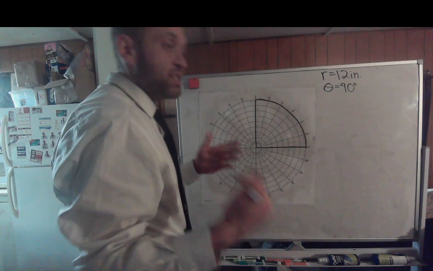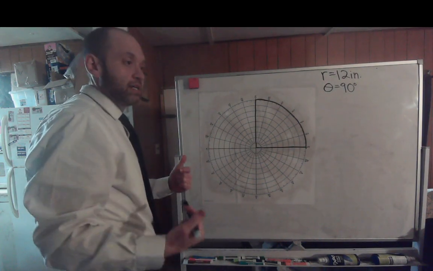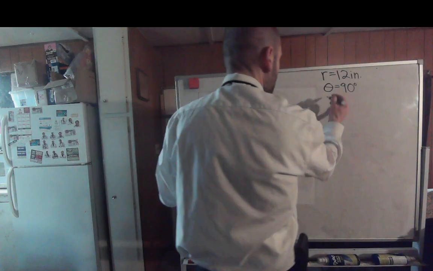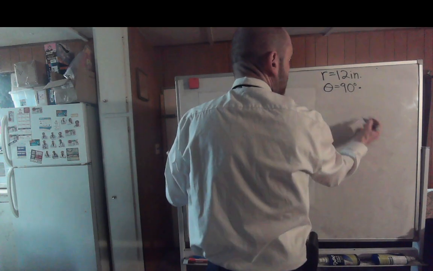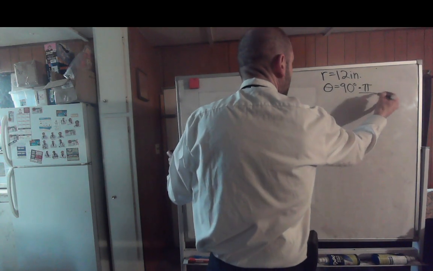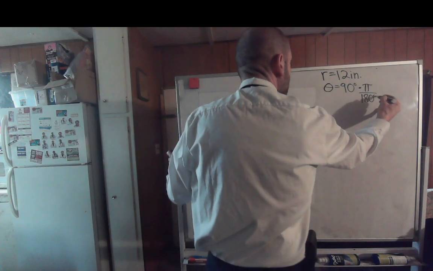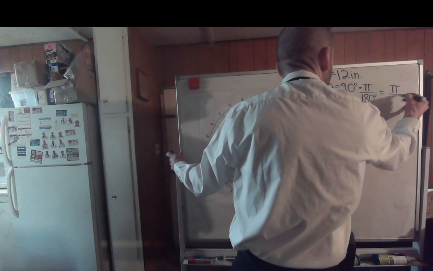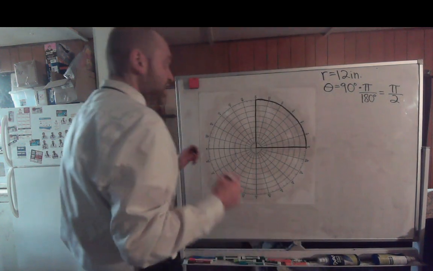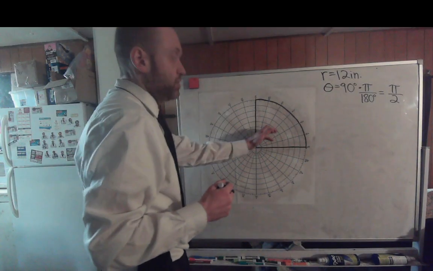But we need this to be in radians because that's how the formula works. So if we take 90 times pi over 180 degrees, you would simply end up getting pi over 2 for your theta. So now you have it in radians of pi over 2.